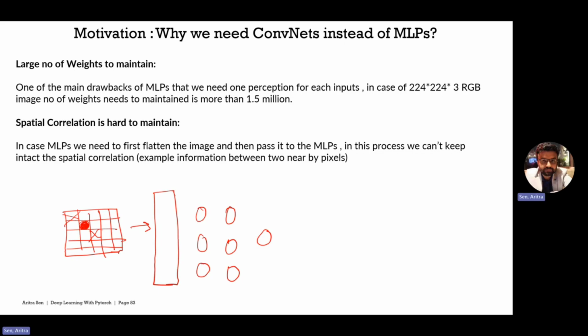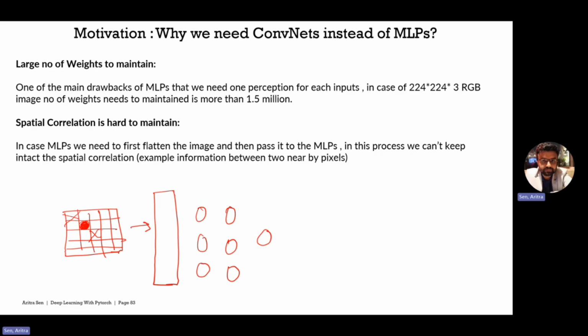But I hope you got an understanding of the basic group of problems. One problem is that the large number of weights that need to be maintained while training the neural network for image classification is very big. Another problem is that if you flatten the image and then use a multi-layer perceptron, the spatial correlation is destroyed, and nearby pixels do not maintain that spatial correlation, right?